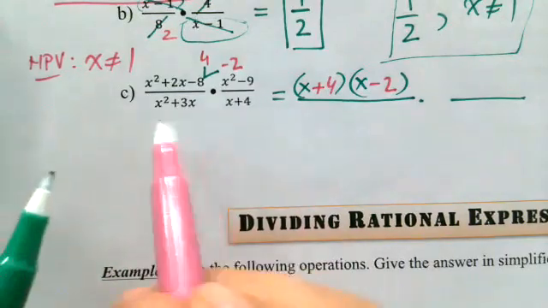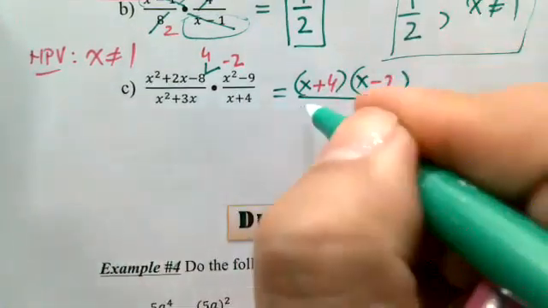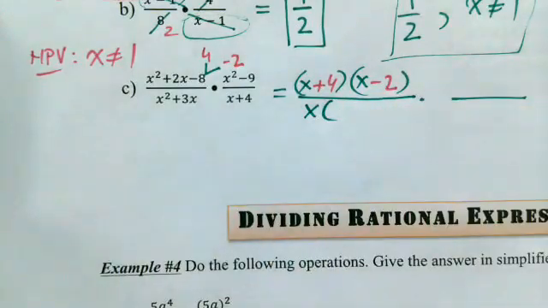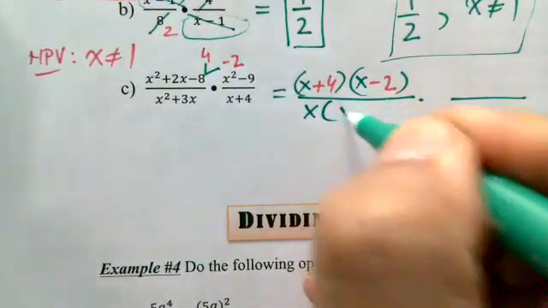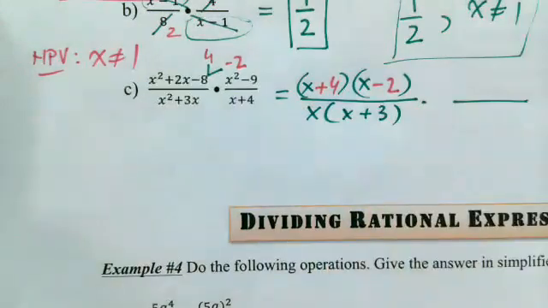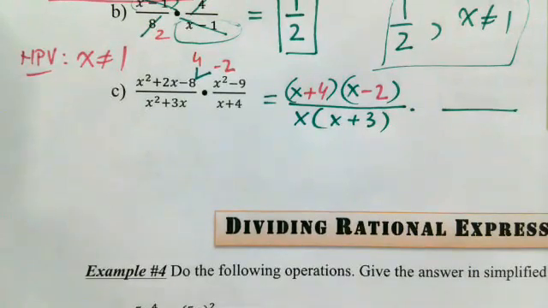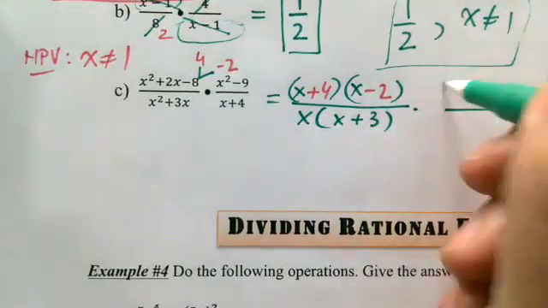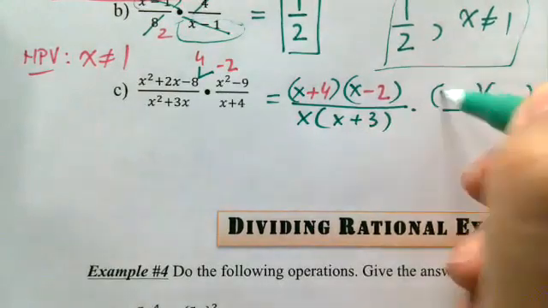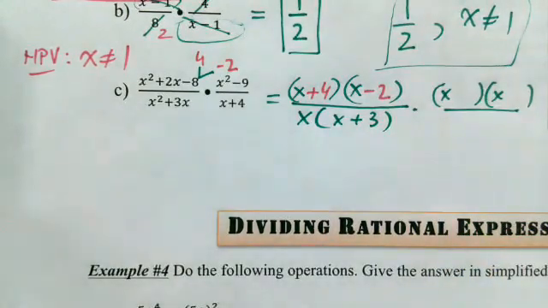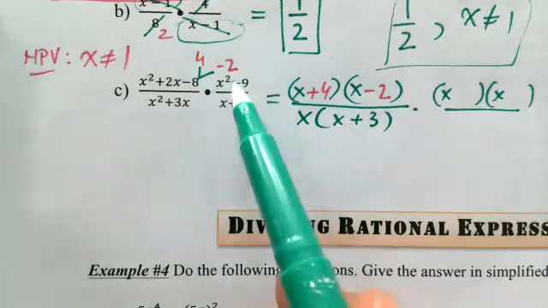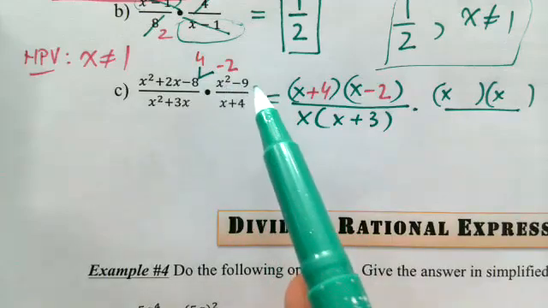Denominator, it's a binomial, so we can see x appears in both. So x out, and we're left with x plus 3. Second fraction, difference of squares at the top, x squared minus 9.